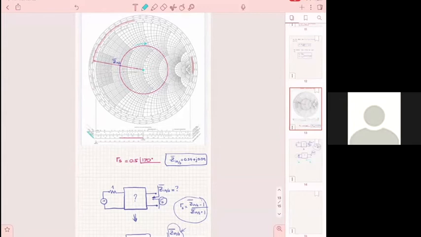You can go circles, multiples, millions, but you will never be able to get to the center of the chart, which means to have a normalized impedance of 1, unless you go down one of these lines. And specifically this one, because that is what goes towards the center of the Smith chart. No other line will get me to the center. So this one down here implies a stub.